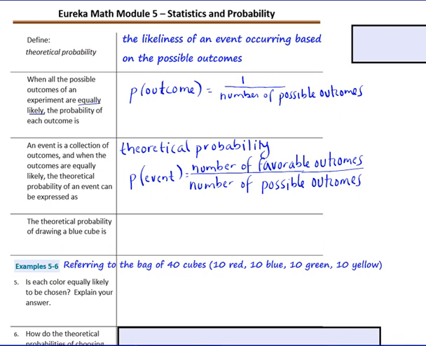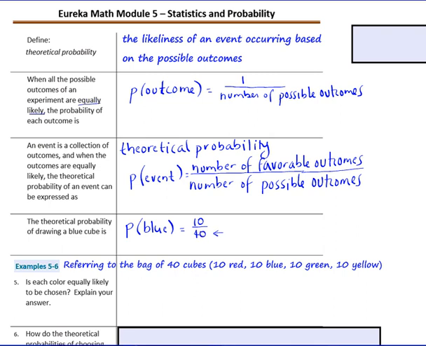Next, the theoretical probability of drawing a blue cube. So we want the probability of blue. Since they are all equally likely to happen, getting a red or a blue or a green or a yellow, the probability is 10 out of 40.